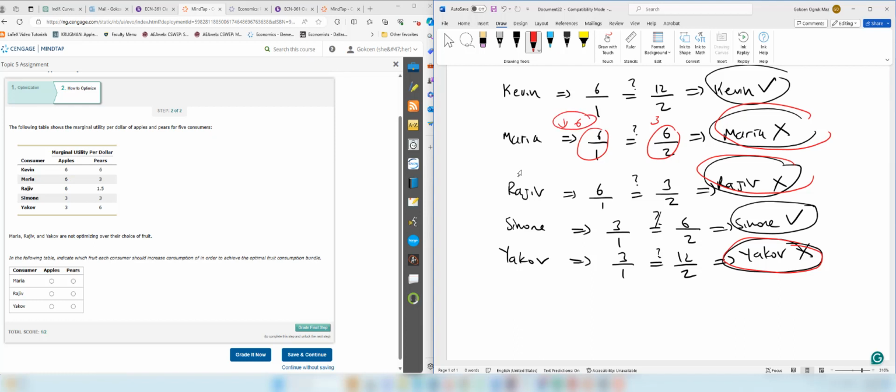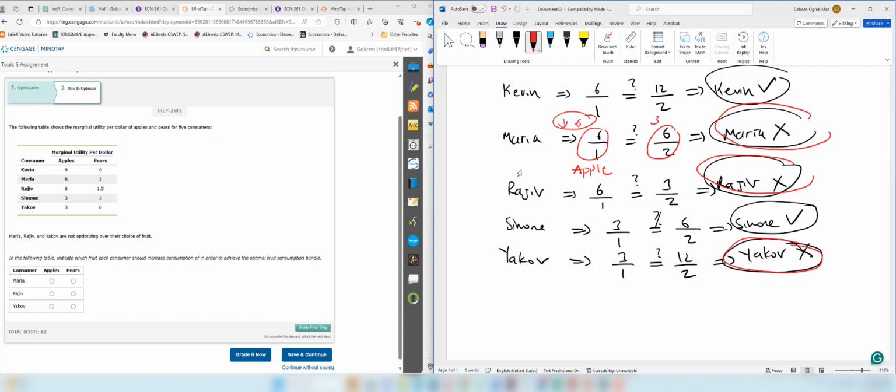I'm repeating again: Maria should consume more apples because she's getting more value per buck she spends on apples. As she consumes more apples, the marginal utility per dollar she spends on apples will go down, and then we will reach an optimum level for her. For that reason, apple is the right choice.